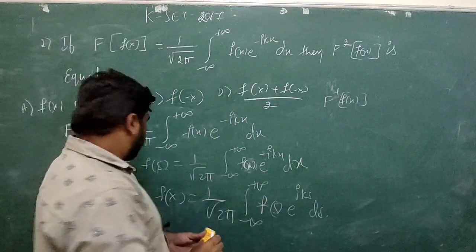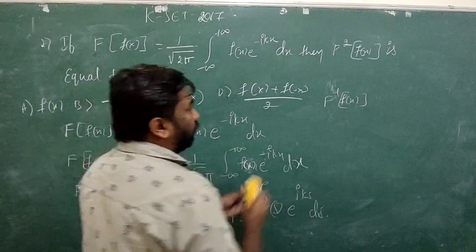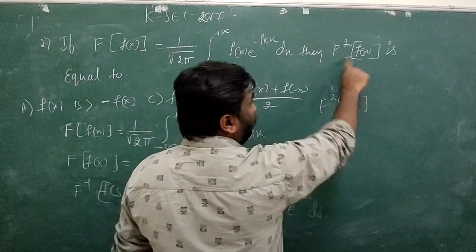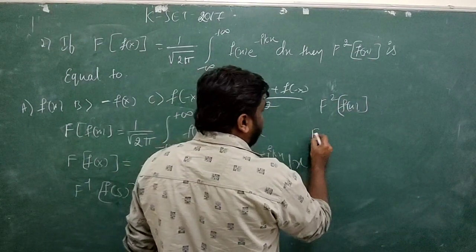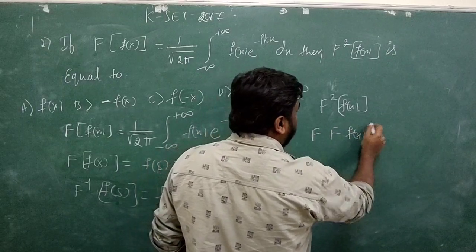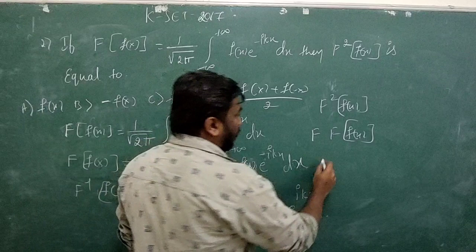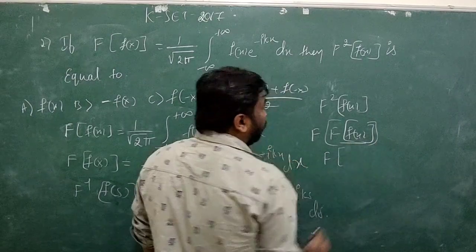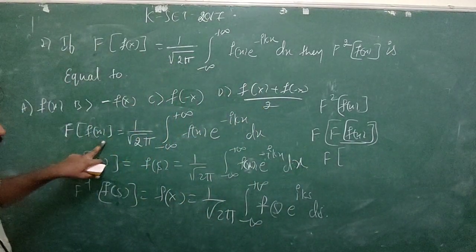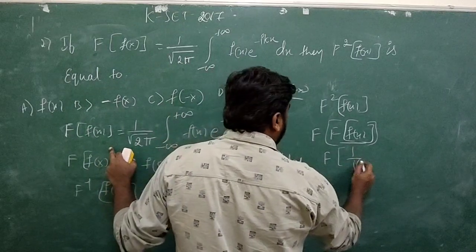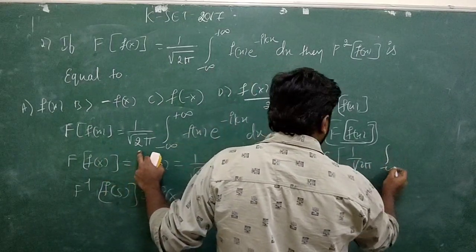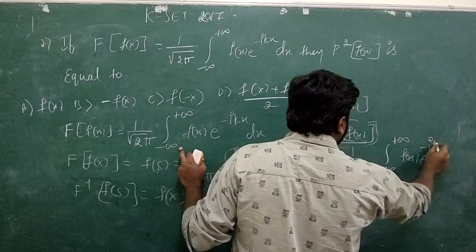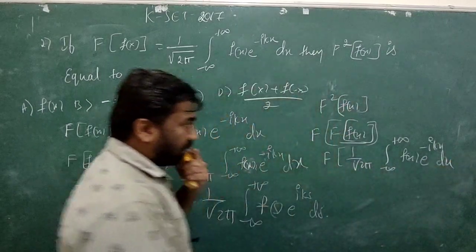You have to calculate. First I am going to calculate F square of f of x, because that only we are going to calculate. So that can be written as F into F of f of x, which means 1 by root 2 pi integration minus infinity to plus infinity f of x e power minus ikx dx.